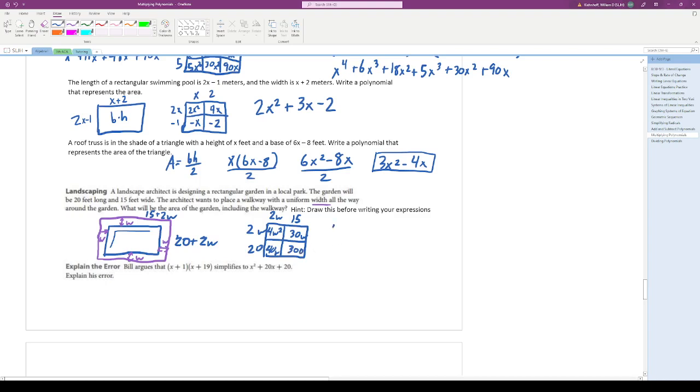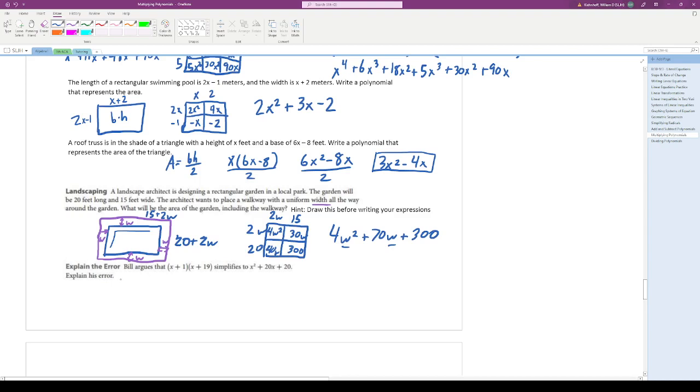Now we collect our like terms and get 4W squared plus 70W plus 300. That way, if we decide to make that walkway 1 foot wide or 6 feet wide, we can just plug in that value for W and find our total area.